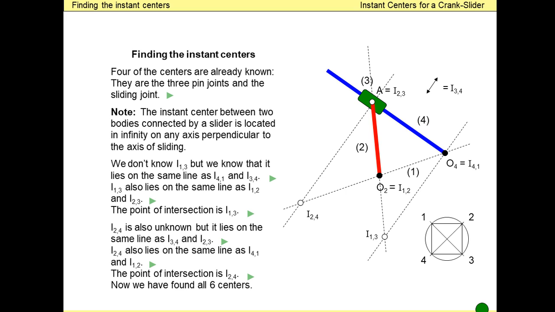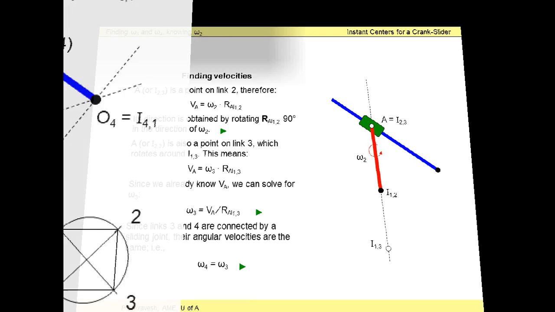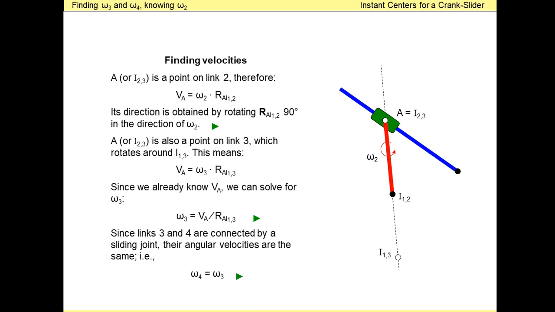Next step is to determine the velocities of any point on the mechanism. Now first, here we know the velocity of A. It is determined by using this formula.